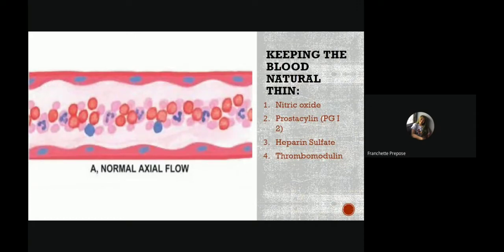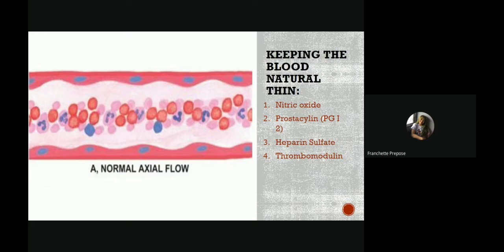Keeping the blood naturally thin, preventing it from becoming thrombotic, endothelial cells secrete chemicals, nitric oxide and prostacyclin or PGI2, which naturally inhibits the platelets. It keeps the platelet inactive and prevents the platelet from being able to bind on the endothelial lining.